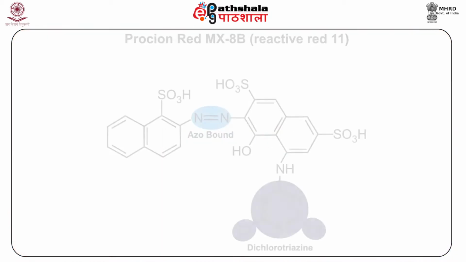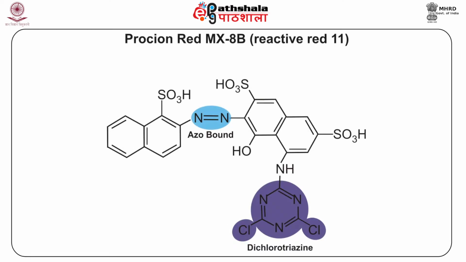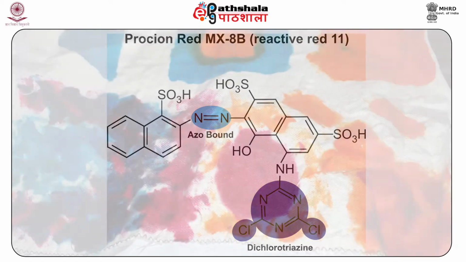Reactive dyes. Reactive dyes are those dyes which form a covalent bond between the dye and fiber. Such dyes have a reactive group, mostly trichlorotriazine, either a haloheterocycle or an activated double bond, which once applied to a fiber in an alkaline dye bath forms a chemical bond with a hydroxyl group on the cellulosic fiber.